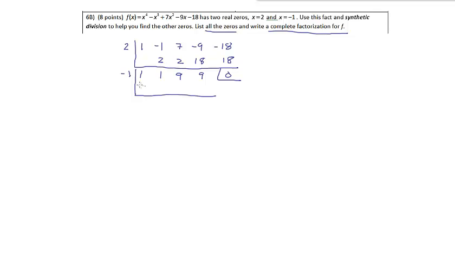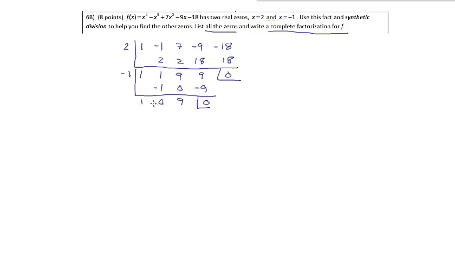From the graph, we know that -1 should be a zero. So we'll bring down 1. -1 times 1 is -1. Add, we get 0. -1 times 0 is 0. Add, we get 9. -1 times 9 is -9. Add, we get 0, which is what we expect.